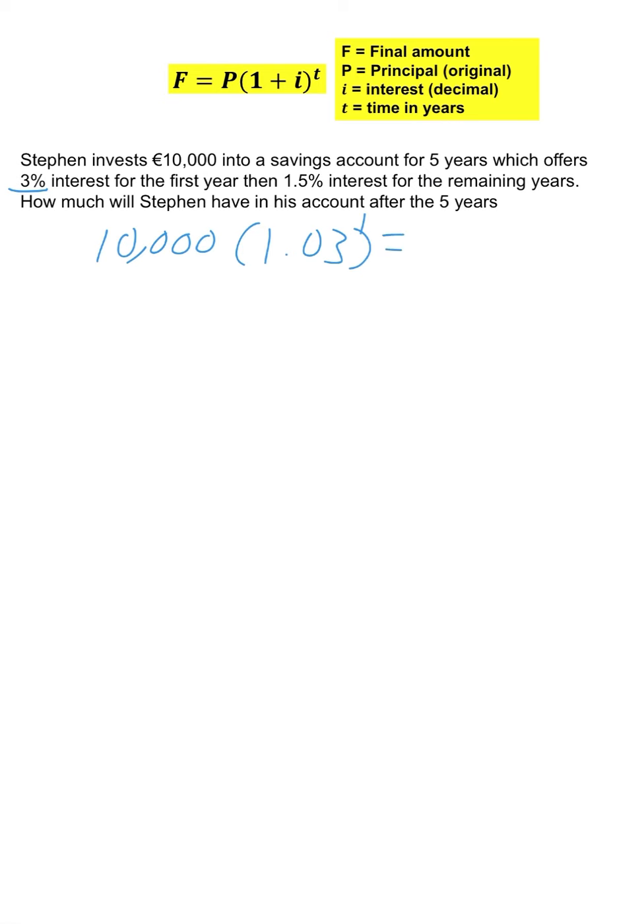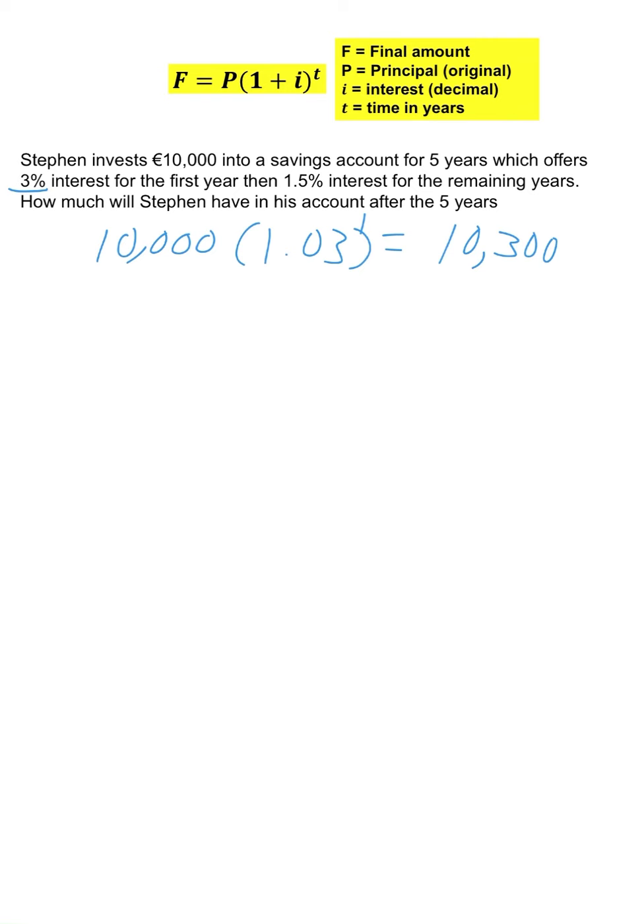You can see there I skipped a step because I could see that 3% will be 0.03 and 1 plus 0.03 will be 1.03. So putting this into the calculator then will be 10,300.